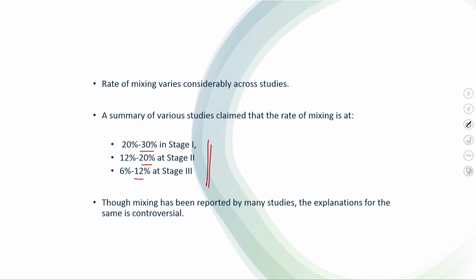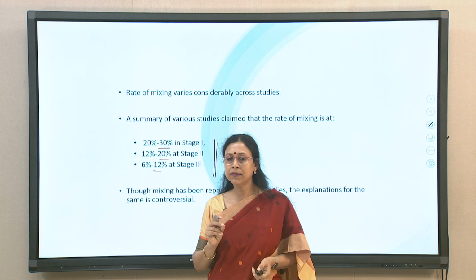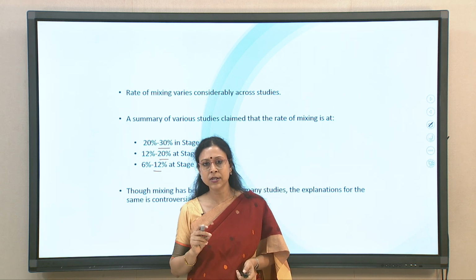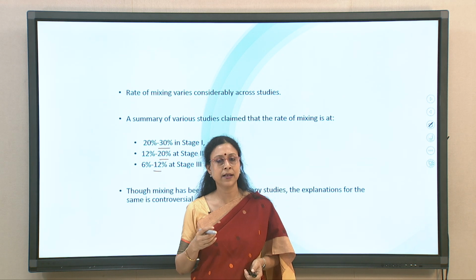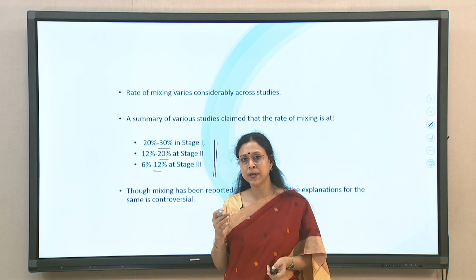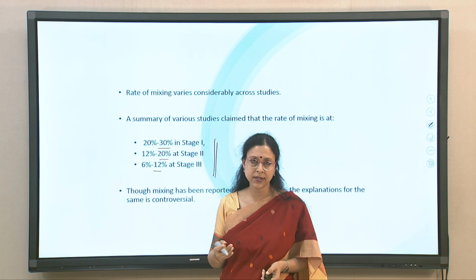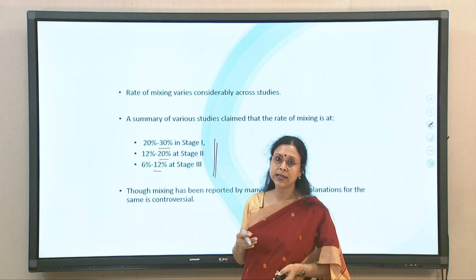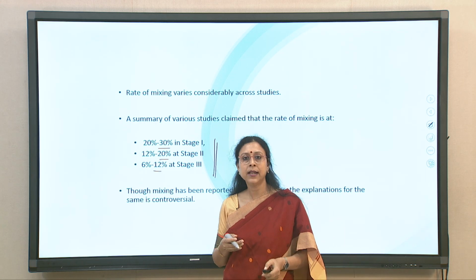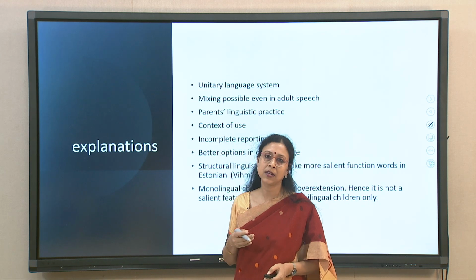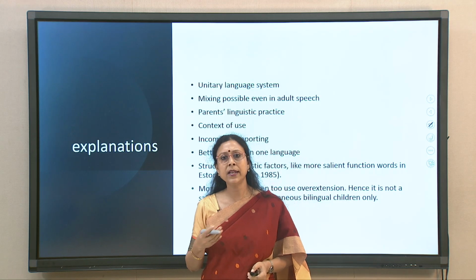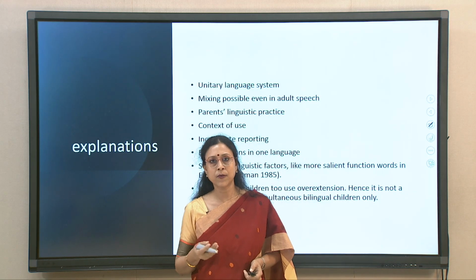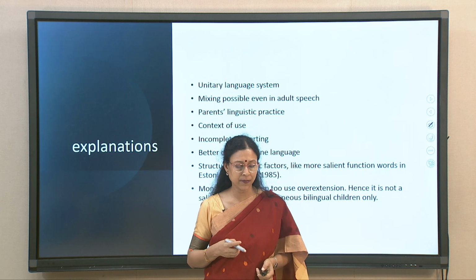Now, though mixing has been reported by many studies, the problem that later arose is that of the explanation as to why there is mixing. Mixing is there, fine, and the initial explanation was of course the unitary language system, which has this 3-stage model, but later explanations did not really entirely agree with the unitary model, and many other explanations were put forward.